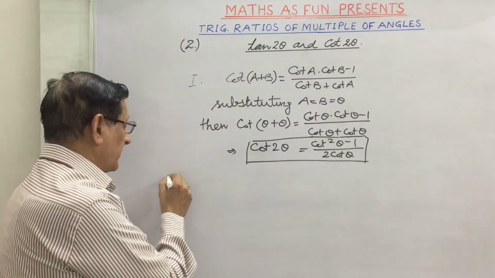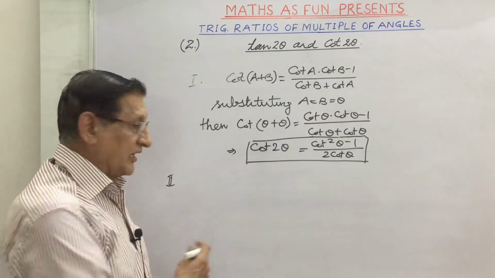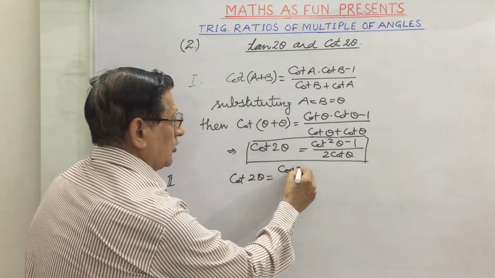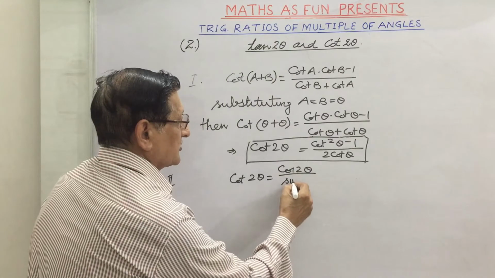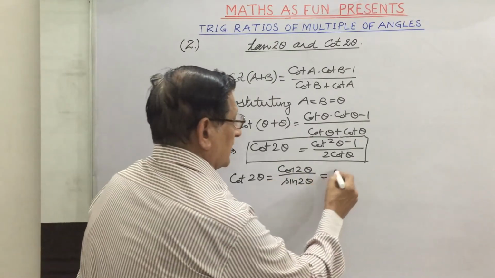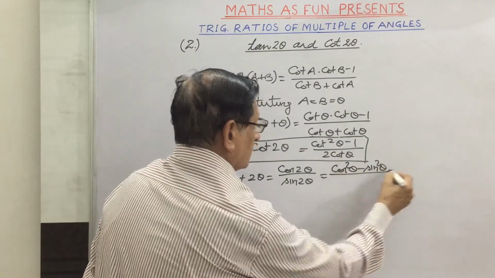Second method, we can apply the same as we have done for tan A plus B. That is, we can write cot 2 theta equal to cos 2 theta upon sine 2 theta. And we know cos 2 theta is cos square theta minus sine square theta.